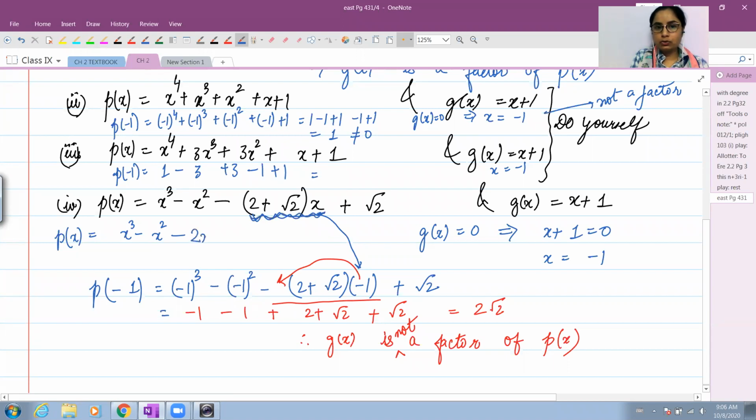So you'll have -2x plus root 2x. You can do this way also. You can now substitute x if this seems easier. What I have done, I have used directly in the brackets. Now the -1 which is multiplied with this 2 plus root 2, because of that -1 the negative sign in front will be converted to positive.